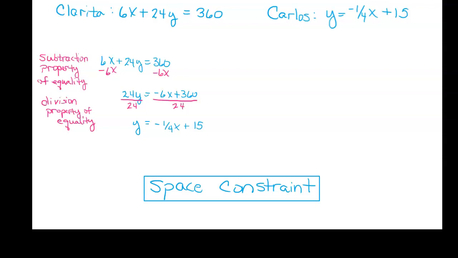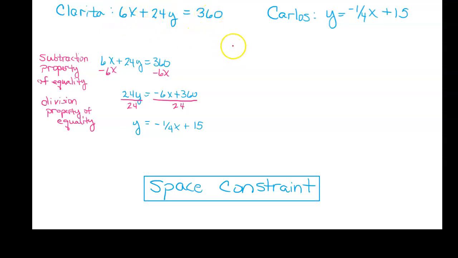One way is to look at the different terms that make up this slope-intercept form of the equation. I notice that I've got a y term, an x term, and then I have a constant.